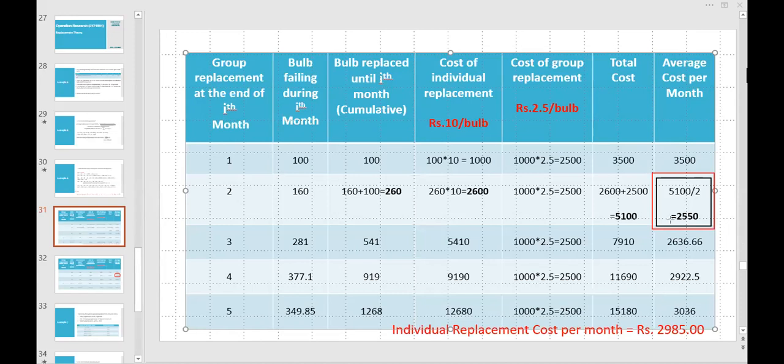Now, can anyone share the idea regarding whether it is advisable to use individual replacement or group replacement? Out of these two cases, which one is to be selected?